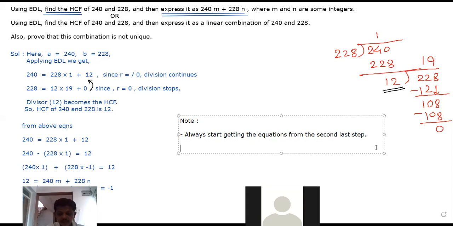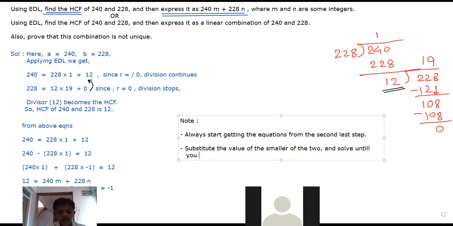From the second last step, substitute the value of the smaller of the two and solve until you get a binomial.